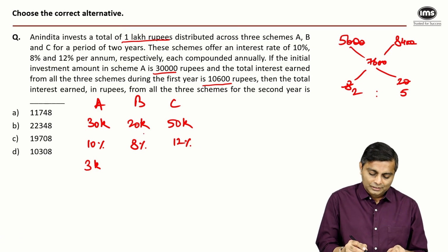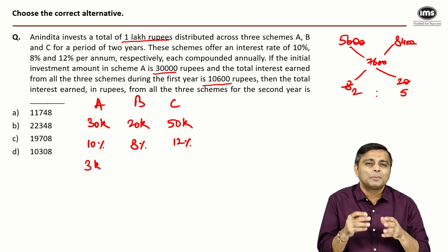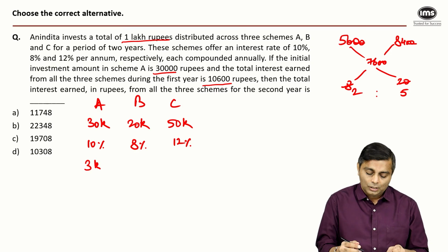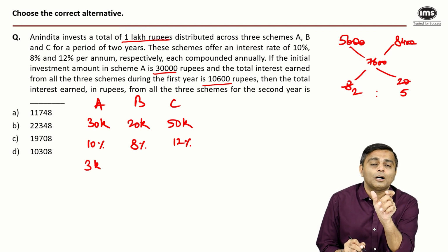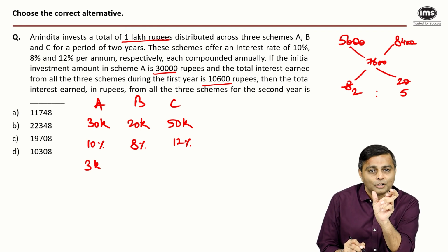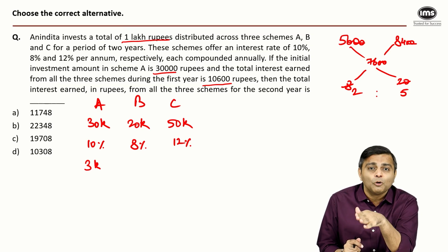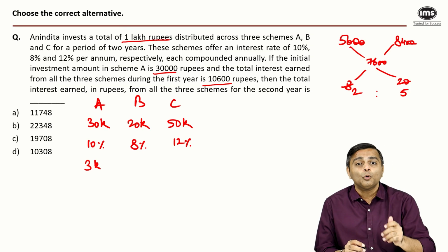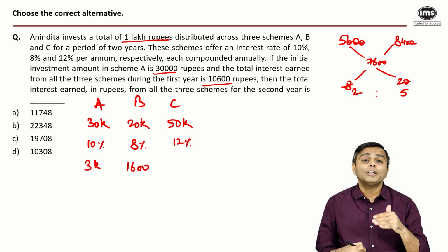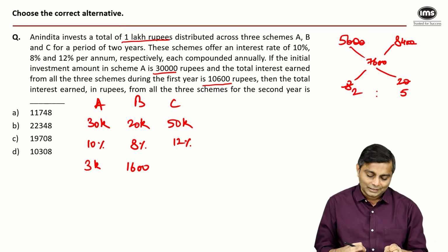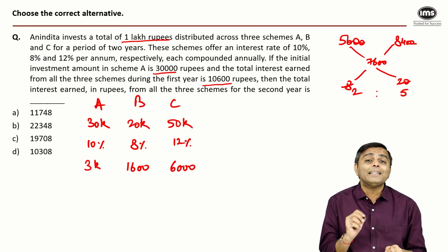For the first year, what is the interest? 8% of 20,000, so 8 upon 100 into 20,000. 10% of 20,000 is 2,000, one 0 less. 1% is 200, one more 0 less. 8 into 200 is 1,600. That's how I generally do my calculations. So in the first year from scheme B, I'm going to get 1,600. 12 into 5 is 60, so 6,000 from scheme C in the first year.